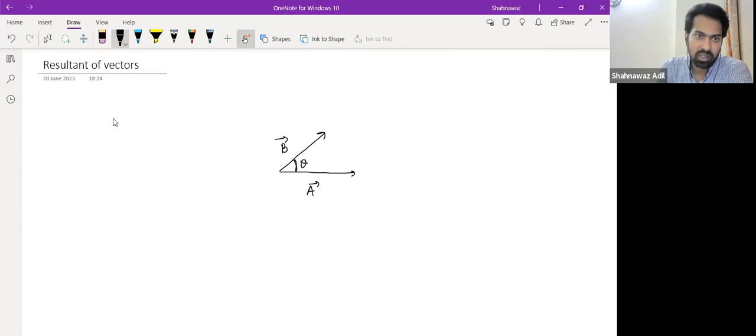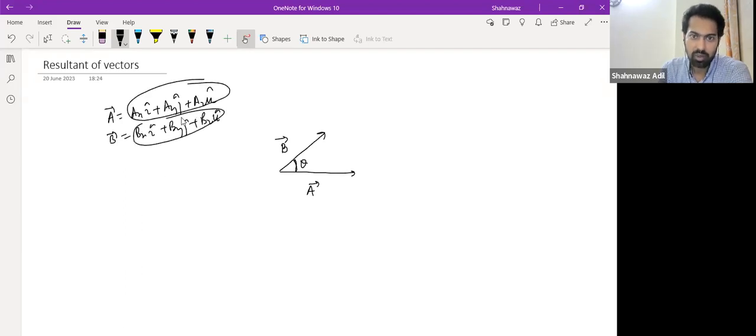They are not given like A is AXI, AYJ, and AZK, and B is BXI, BYJ, BZK. This form is not given. Only the magnitude of A vector, the magnitude of B vector, and the angle between the two vectors are given.